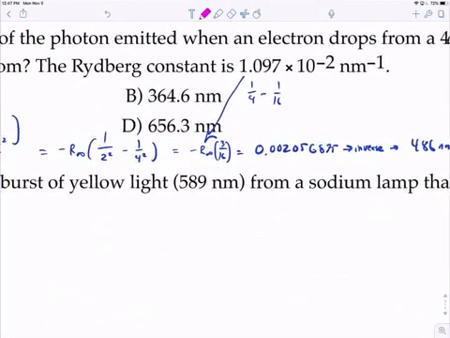The long way is when you have the delta E, minus Rydberg 3/16.